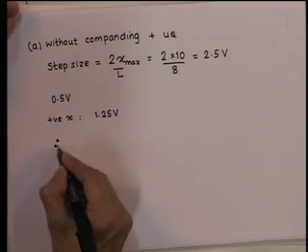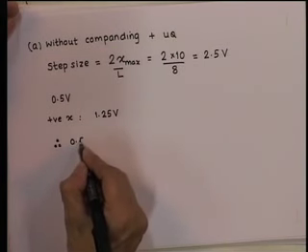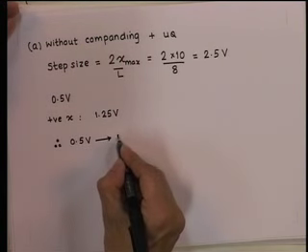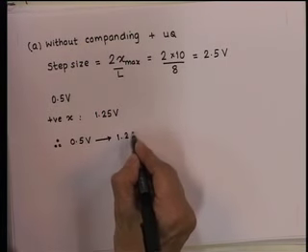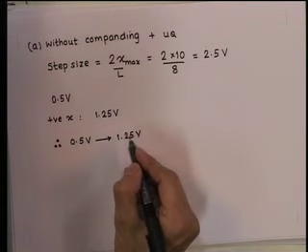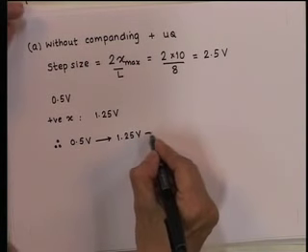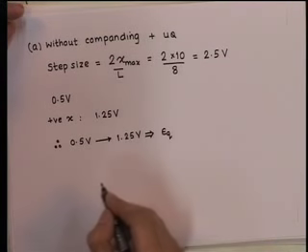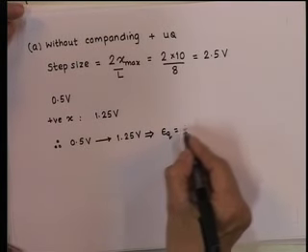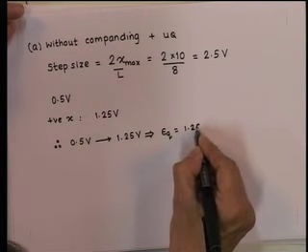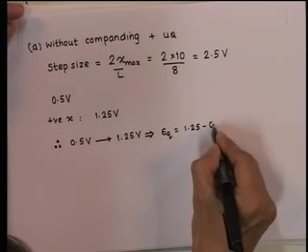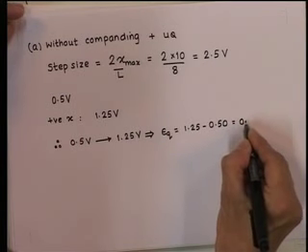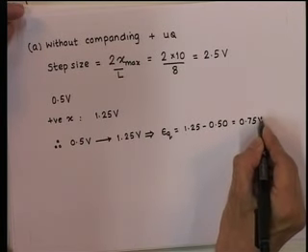Therefore, 0.5 volt will get quantized to 1.25 volt, which implies that the quantization error will be equal to 1.25 minus 0.50, which is equal to 0.75.